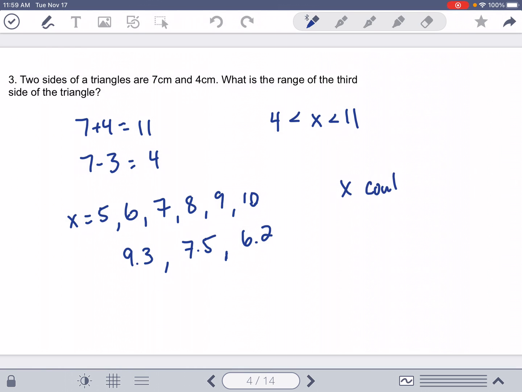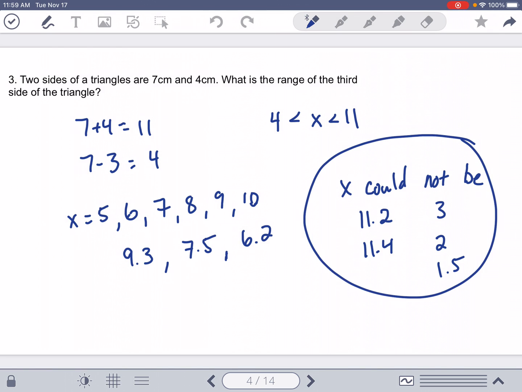X could not be 11.2, 11.4, 3, 2, 1.5, because these numbers over here are either less than 4 or greater than 11, and that's not what X can be.